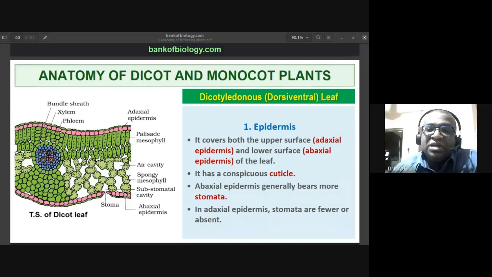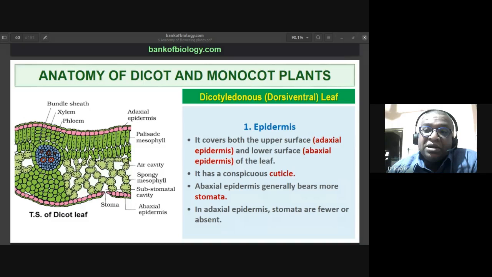So the mesophyll is heterogeneous in case of dicot leaf. You can find the palisade chlorenchyma and spongy chlorenchyma. Palisade chlorenchyma is found towards the adaxial epidermis. The size of the vascular bundles is based on the size of the veins. The largest vascular bundle can be seen at the midrib region. It is based on the vein and veinlet sizes that the vascular bundles vary.